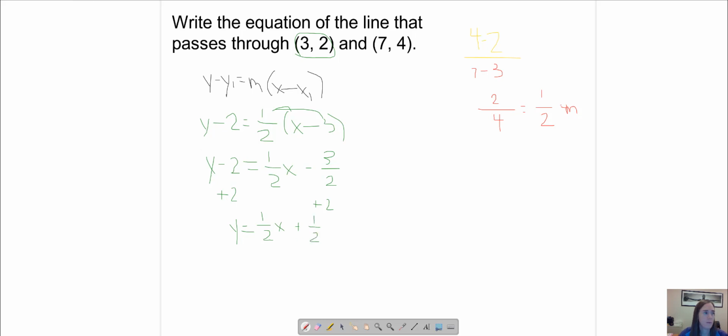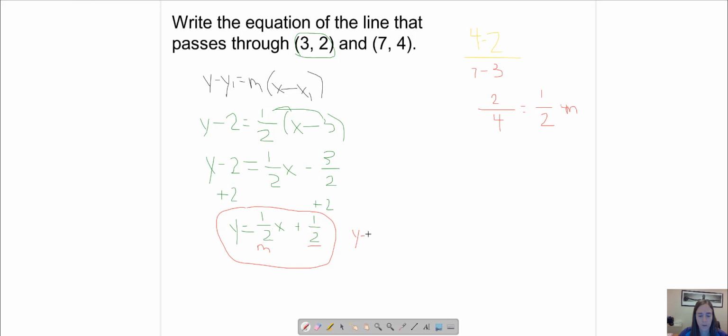Now this form right here is called slope-intercept form. That's because this is your slope. Your slope is always the number that's right in front of your x when your y is by itself. And then this here is your y-intercept.